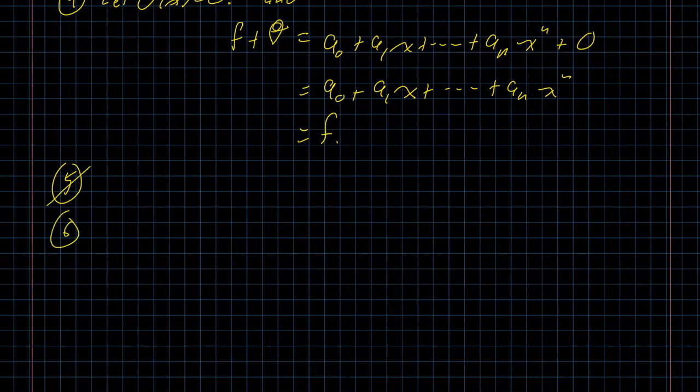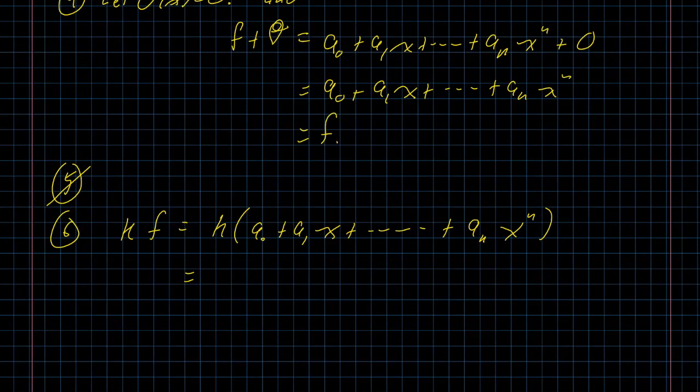The sixth property is closure in the scalar multiplication. So if we take our scalar k times our function f, we get k times a naught plus a1x plus all the way down to an x to the n, and I can use the distributive property of the real numbers to write this as k times a naught plus k times a1 times x plus all the way down to k times an times x to the n.